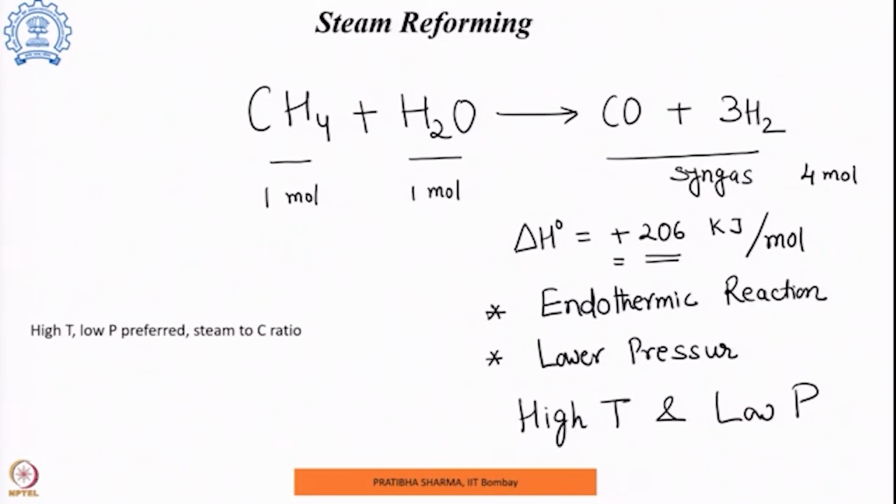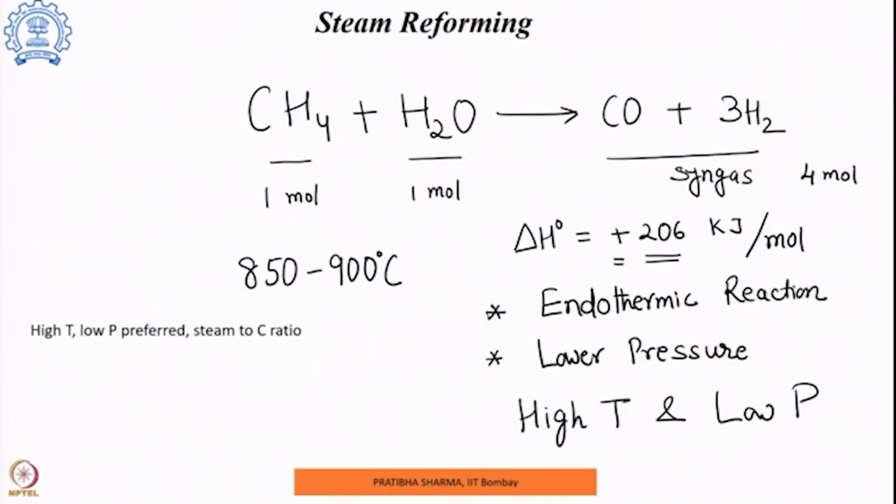The reaction takes place at temperatures of 850 to 900 degrees centigrade in the reformer tubes. However, the pressure desired as per the reaction thermodynamics is low, but most applications wherein the hydrogen will be used require hydrogen at a higher pressure.